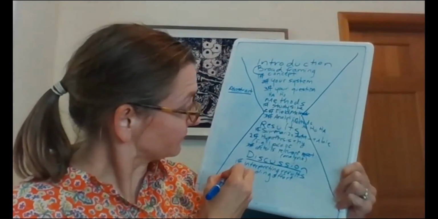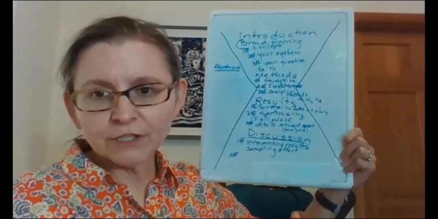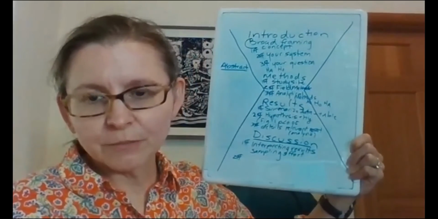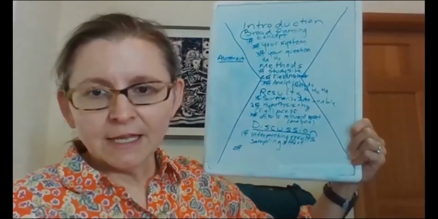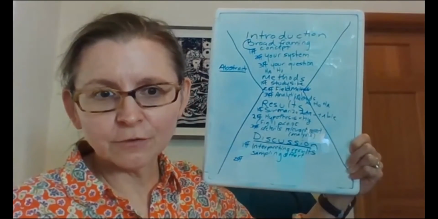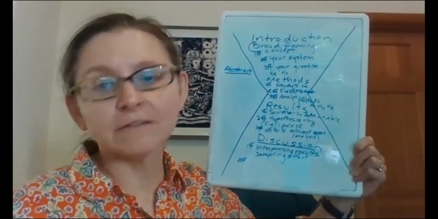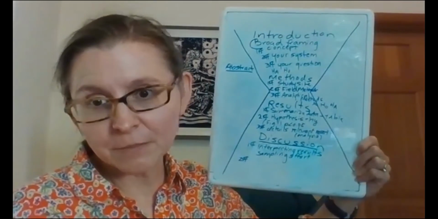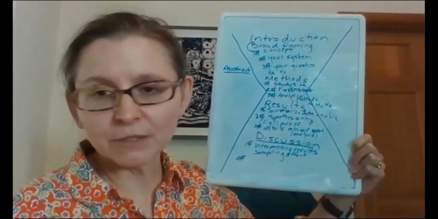Your second paragraph, you really do go back out to your system. What does what you have discovered contribute to how we understand something about your system? And so if we go back to red-winged blackbirds and wetland systems, say that you have discovered something about the size of the harems in red-winged blackbirds dependent on something like the type of the wetland. So red-winged blackbirds are polygynous.